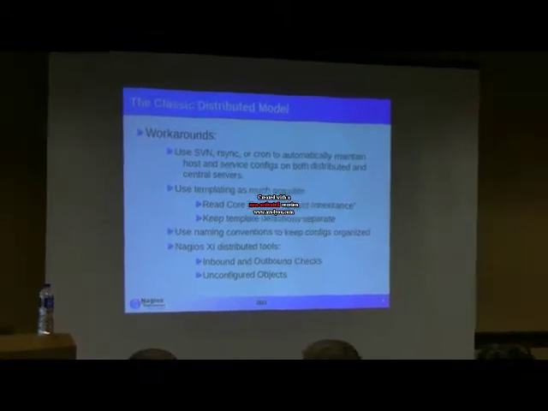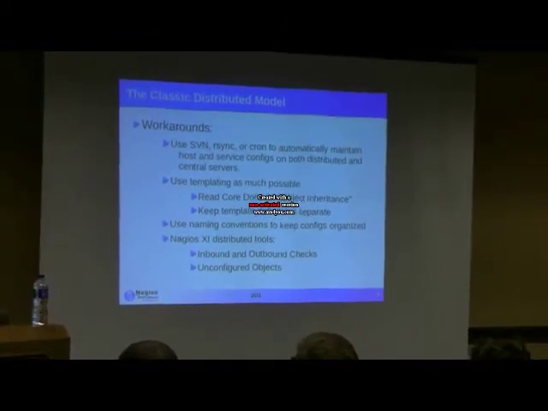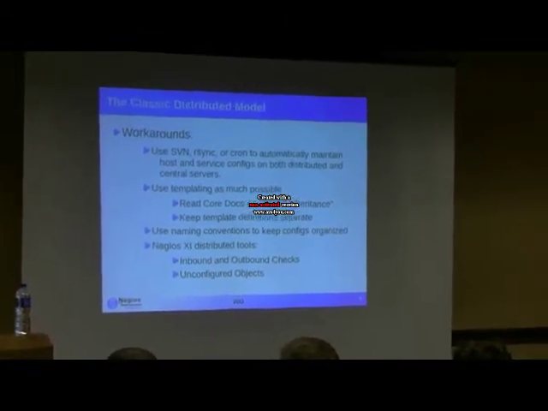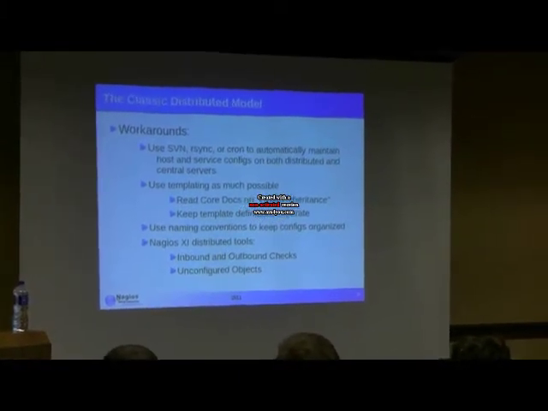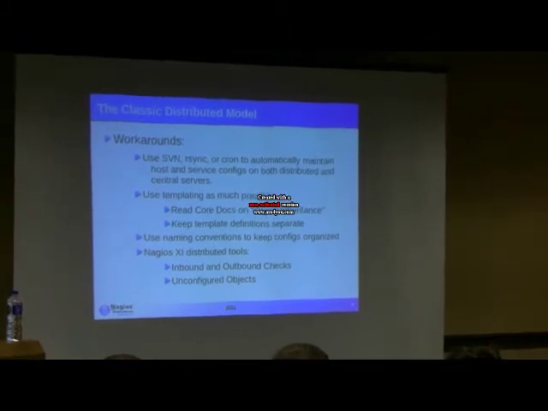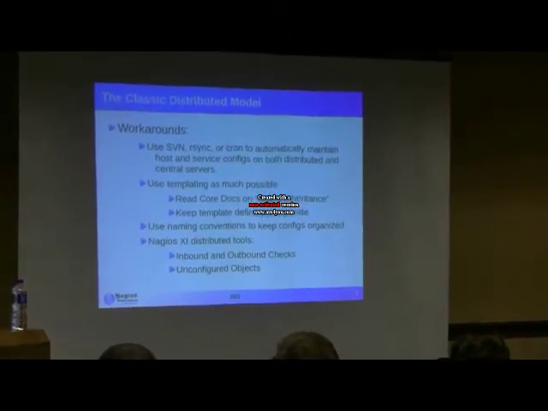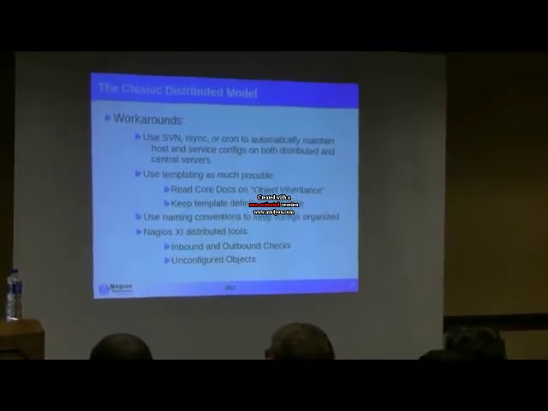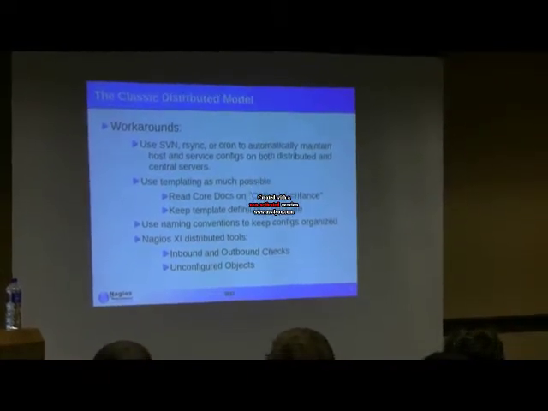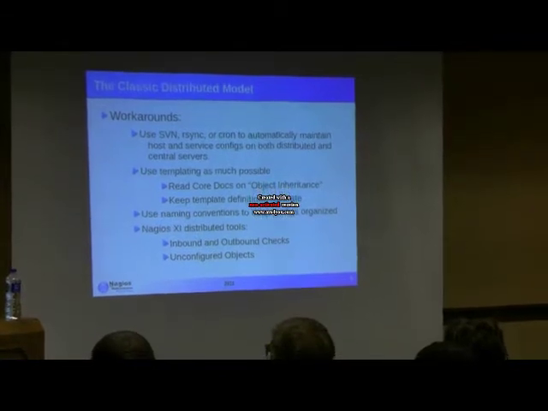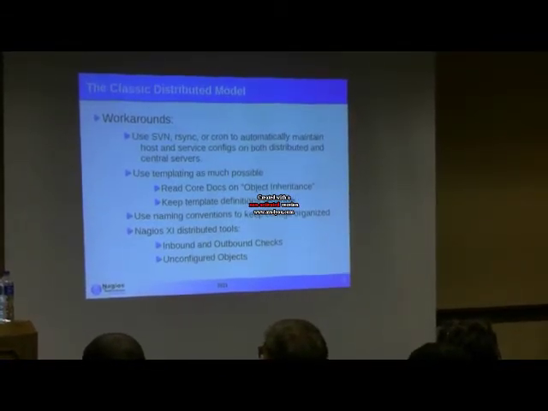Another one is, I think a lot of people don't realize how powerful templates can be with Nagios. You can create templates and piece them together to create a complete config. So I would suggest that for your host and service configs, all you have in them is your host name, your host address, and your alias. Everything else should be template.